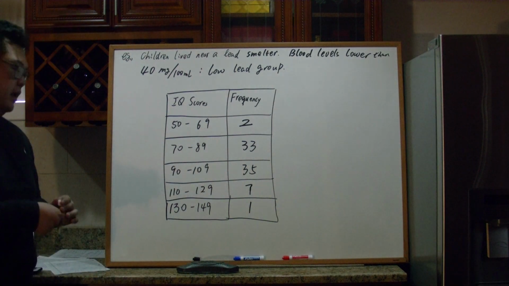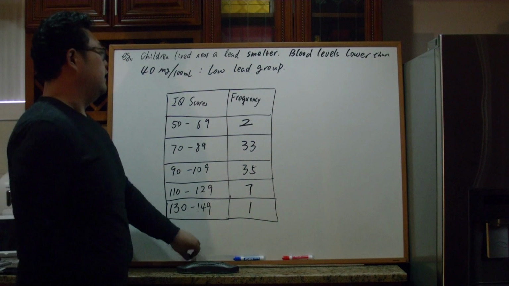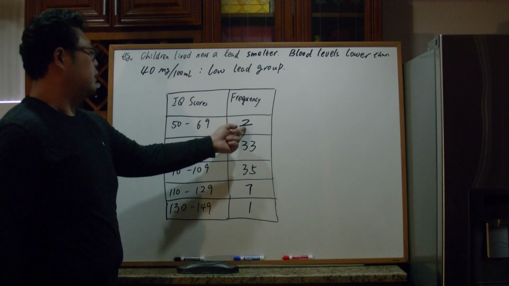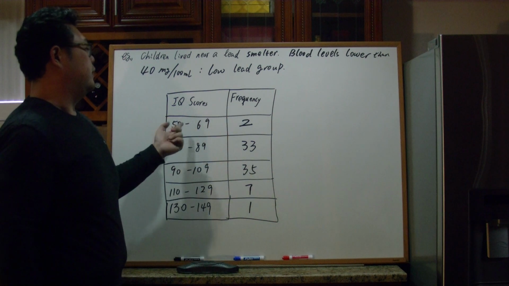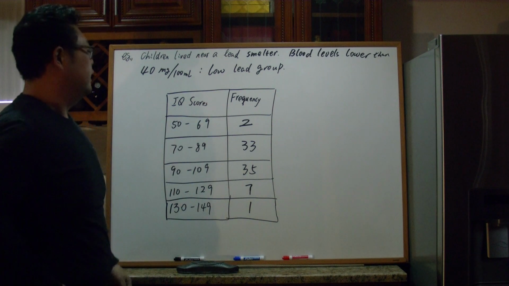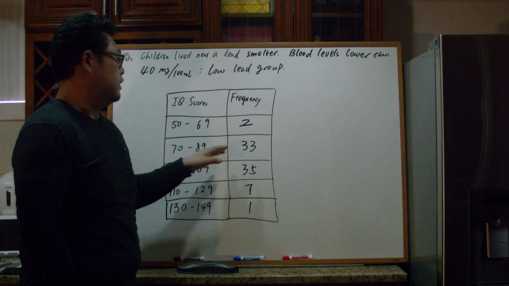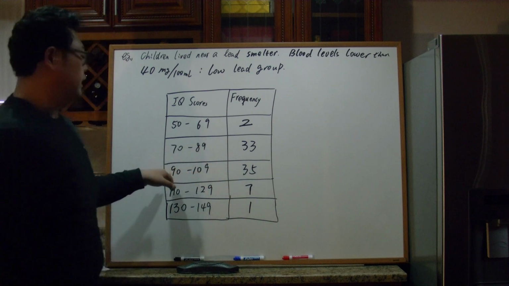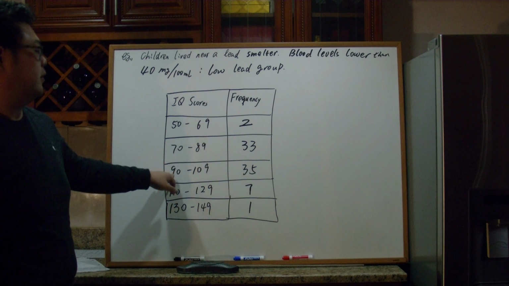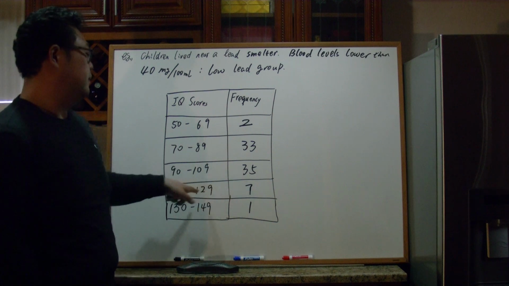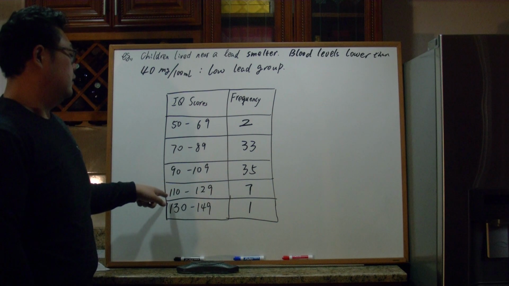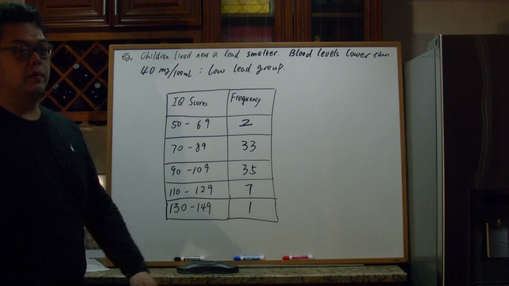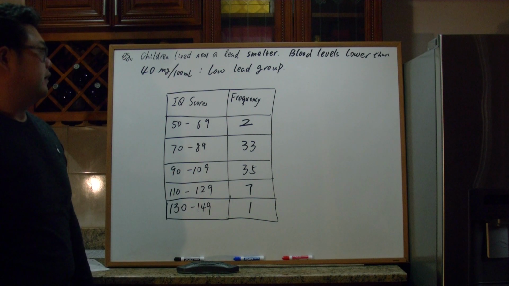So there are the ranges of their IQ scores. And the frequencies show that there are 2 kids who have IQ between 50 to 69. There are 33 children who have IQ score between 70 to 89. There are 35 kids who have IQ score between 90 to 109. 7 of them had IQ score 110 to 129, and one kid has IQ score between 130 and 149.